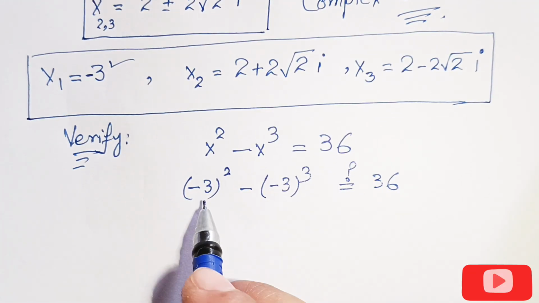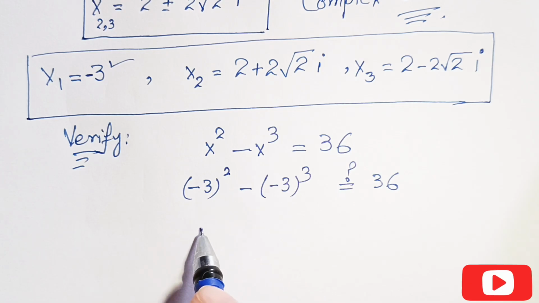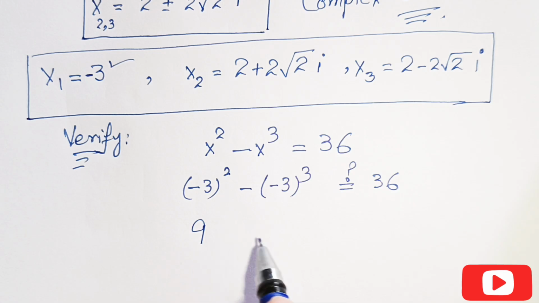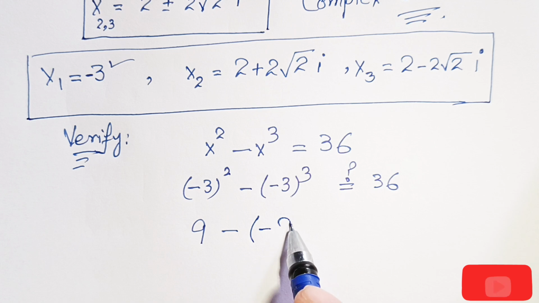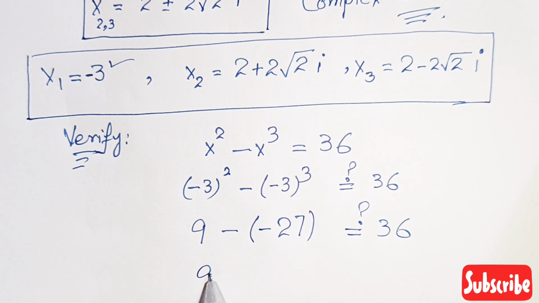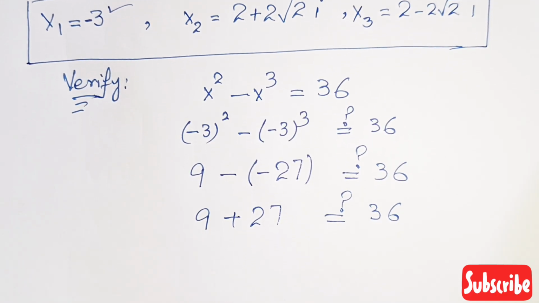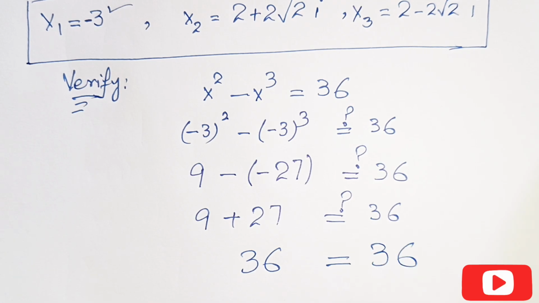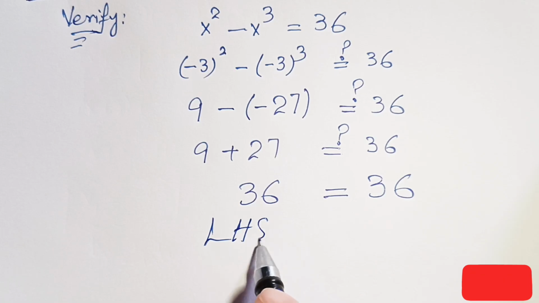Now our next step: as the power is even, minus 3 squared is plus 9, and as the power is odd, minus 3 cubed is minus 27. So 9 minus minus 27 is 9 plus 27, which is equal to 36. Yes, it is equal to 36. So 36 is equal to 36. Hence our left hand side is equal to the right hand side.